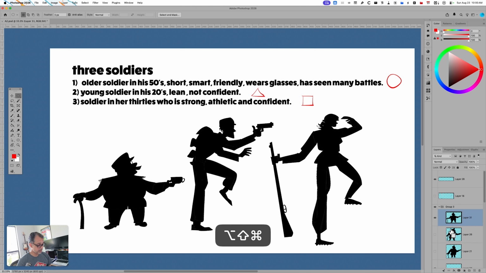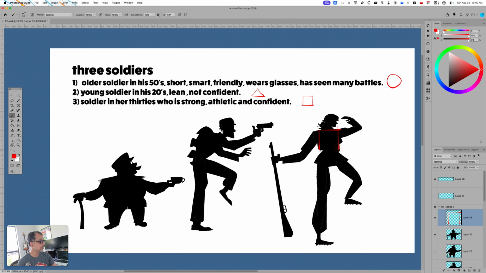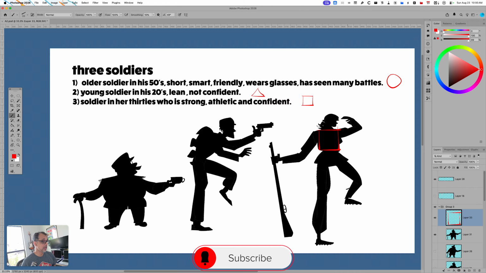If we look at this character on the far right, we can see that the dominant shape here is a square. That doesn't mean she looks like a physical square, but we can identify that as her primary shape. And her pose suggests athleticism. It also suggests that she's strong because of the way she's holding herself, and she's also confident. So each of these silhouettes are distinct from one another.